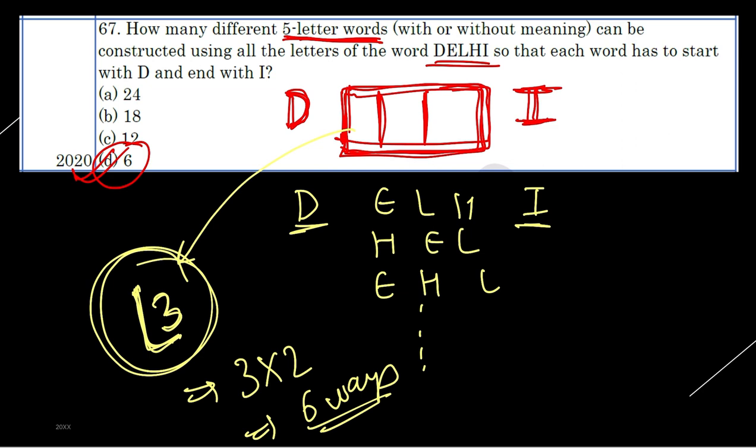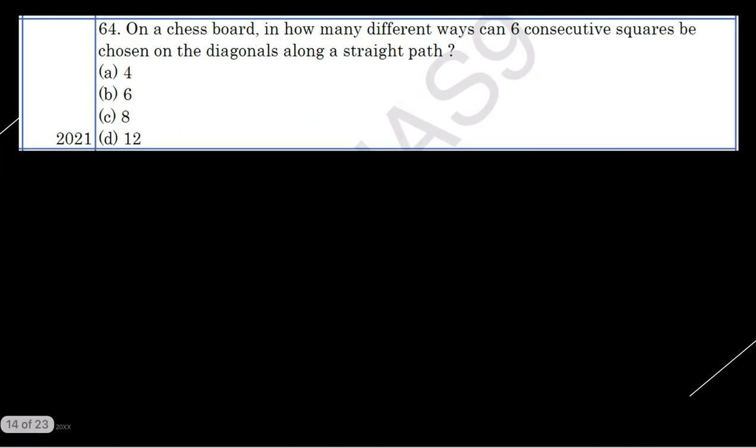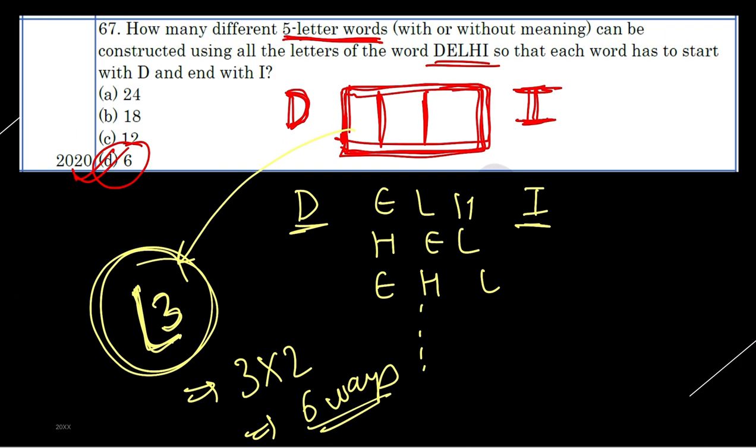So that completes our part 1 of permutation and combination. Today we have solved around 12 questions of permutation and combination. Again, I've already told you, make sure you solve all the previous year questions. Your basics are clear, and in the exam try to solve at least 2 questions out of 5, that is 40% of the questions in permutation and combination, right?